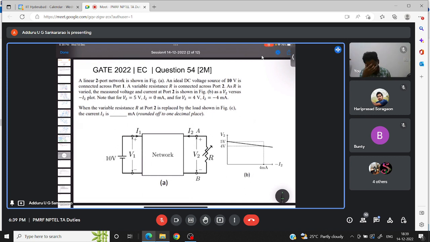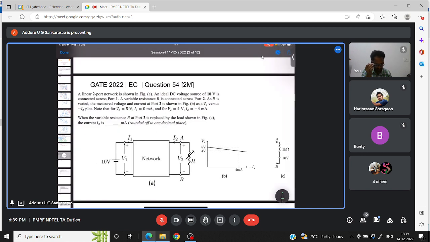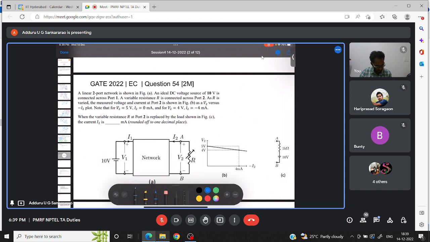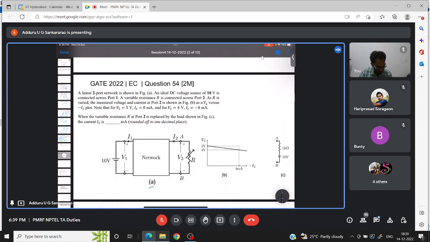The question is: a linear two-port network is shown in Figure A. So this is the two-port network given, and an ideal DC voltage source of 10 volts is connected across port 1. A variable resistance R is connected across port 2.